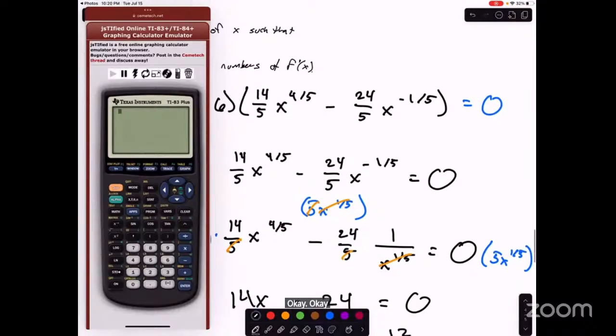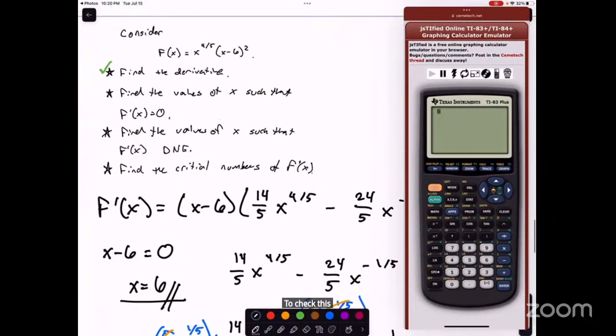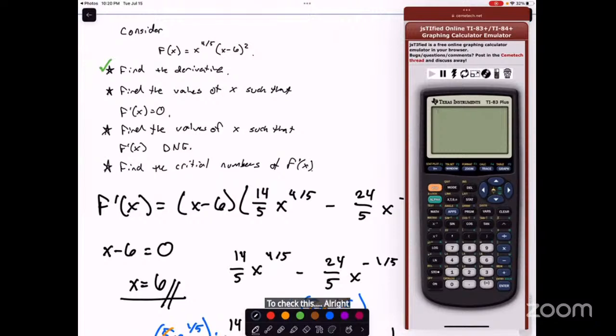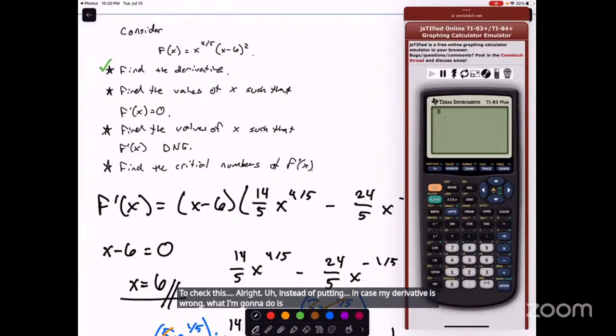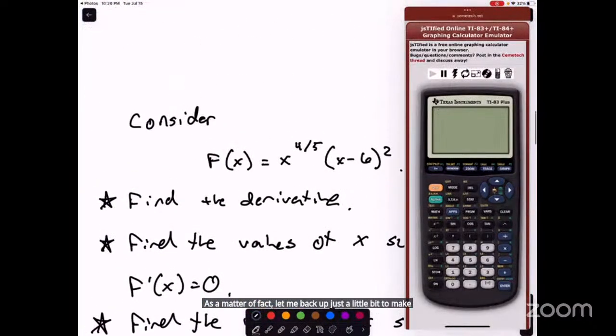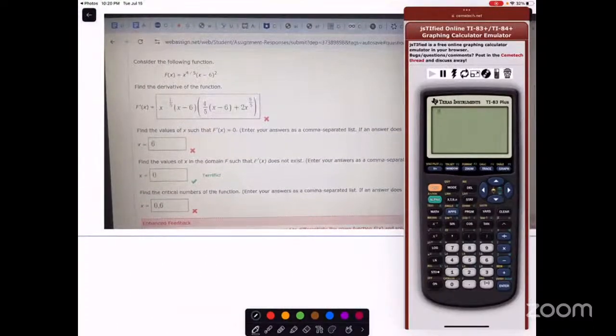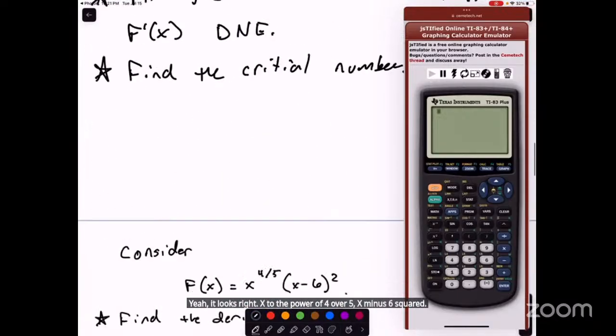So what I'm going to do to check this, in case my derivative is wrong, is work with the original. And matter of fact, let me back up just a little bit to make sure I copied it properly. Yeah, it looks right. X to the power of 4 over 5, x minus 6 squared.